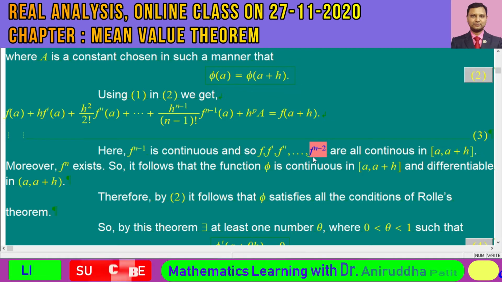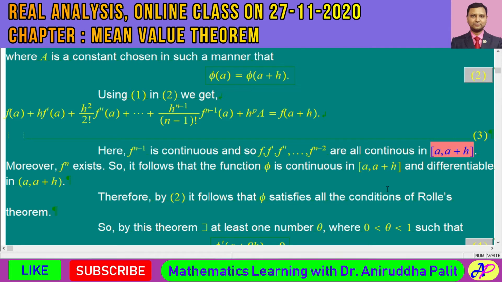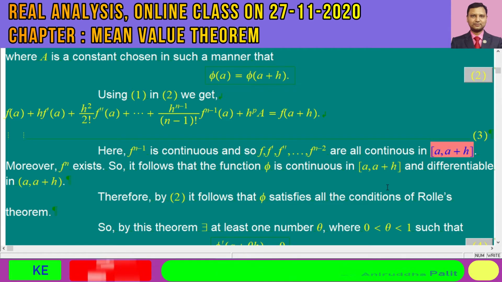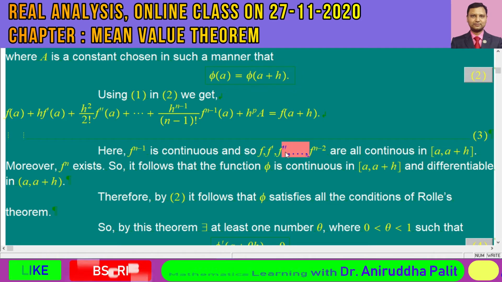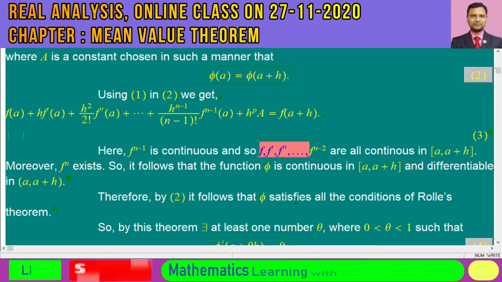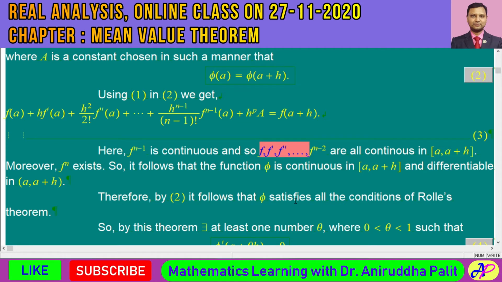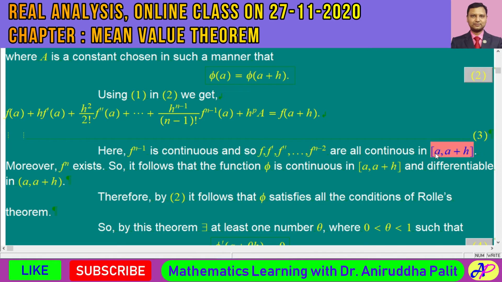So we can say that f^(n-1) is a continuous function in the closed interval a comma a plus h, and in a similar fashion all the previous order derivatives up to the original function f are continuous in the closed interval, and of course they are differentiable in the corresponding open interval.